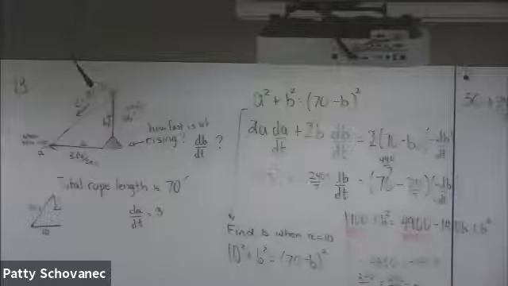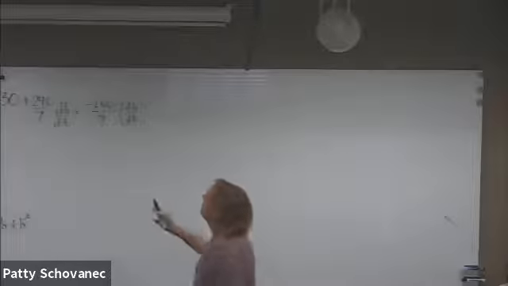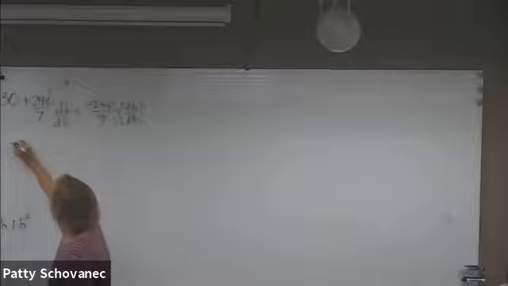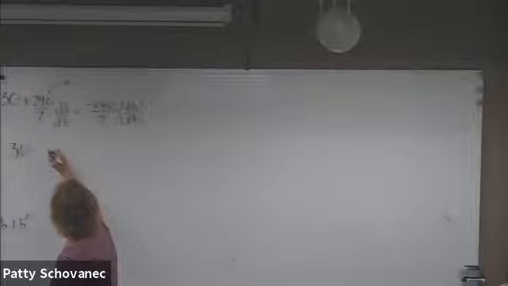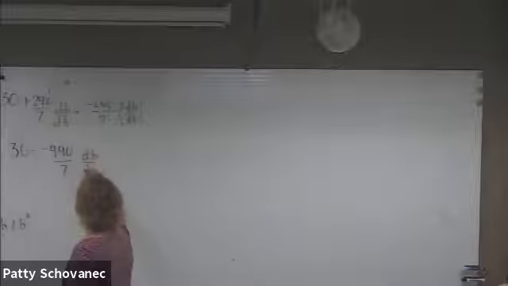Let's put our dB dt's together. All right, I'm gonna subtract it from the other side. So I have 30 is equal to a negative 240 plus a negative 250 is a negative 490 over 7 times dB dt.